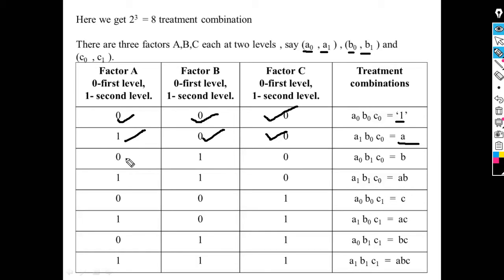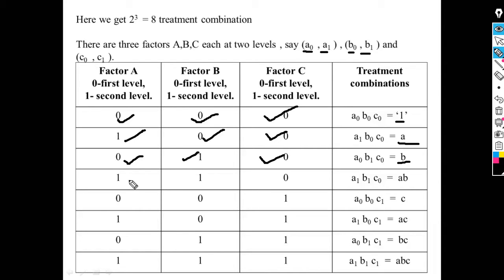The next treatment combination is factor A at first level, factor B at second level, and factor C at first level. So we get the treatment combination A naught, B1, C naught, and it can be written as B. So B denotes factors A and C at first level and factor B at second level.